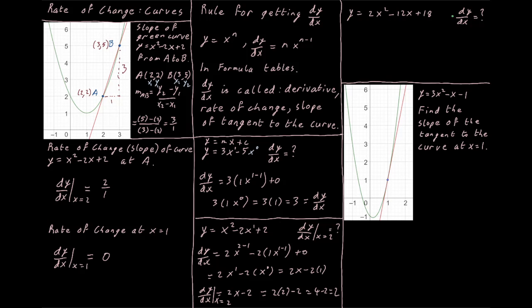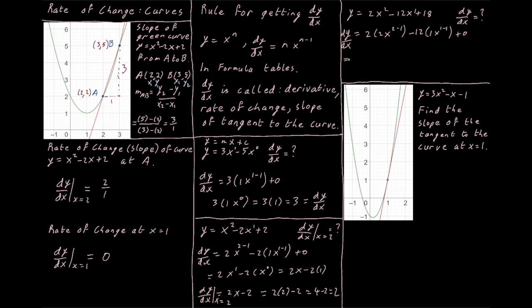What happens when we get the derivative of this function here? This is just another example. We have 2 on, multiply by the power. Subtract 1 away from the power. 12 on. We have x to the 1 here, so it's going to be 1 times x to the 1 minus 1. And the 18 just goes to 0. And we multiply everything out. Sorry, that is dy dx. My apologies.